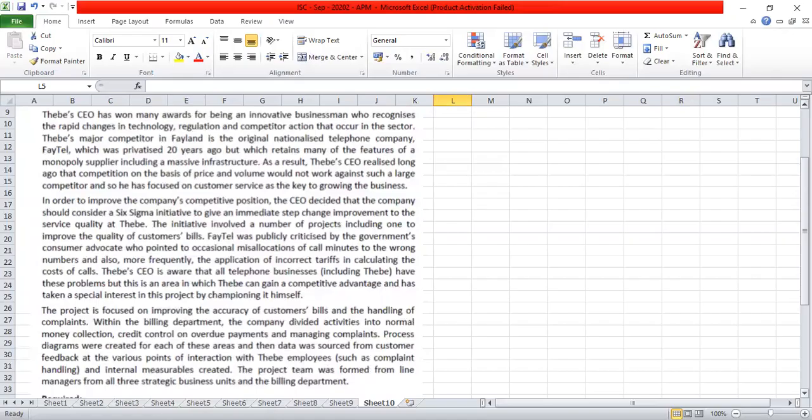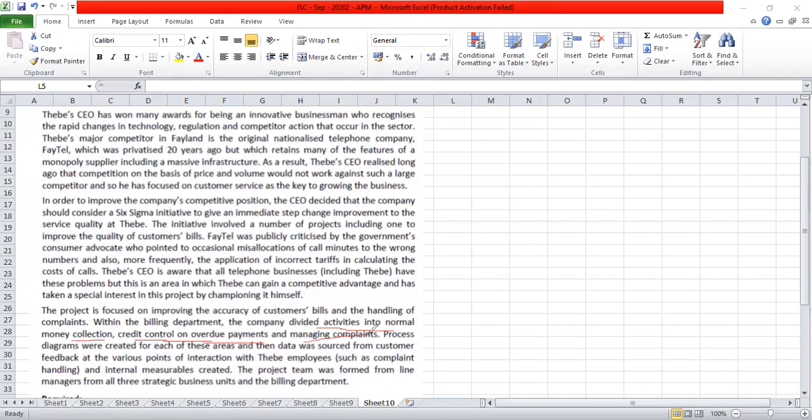Okay. Last paragraph, let's read it once again. The project is focused on improving the accuracy of customers' bills and handling of complaints within the billing department. So they have a plan in place. Within the billing department, the company divided activities into normal money collection, credit control on overdue payments, then managing complaints.